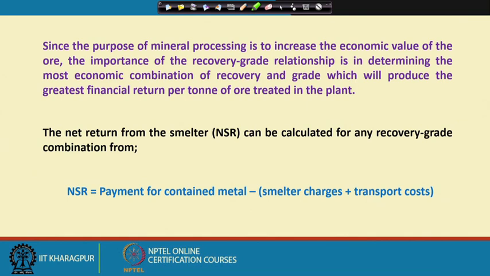So, the net return from the smelter, we call it NSR. Ultimately, why have you mined an iron ore? Because we want to sell a product in the form of some steel or maybe some other alloys. So, that is my final product in the entire chain.